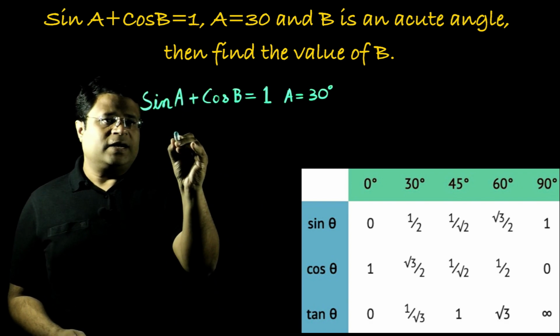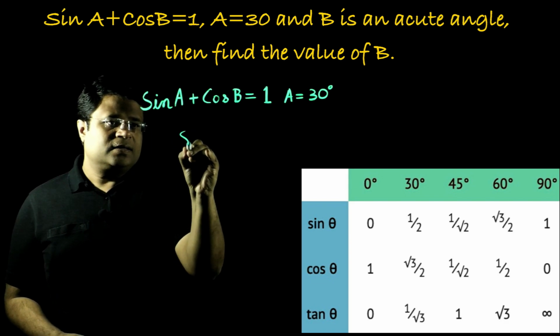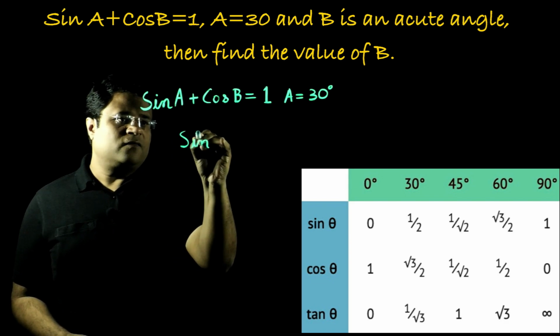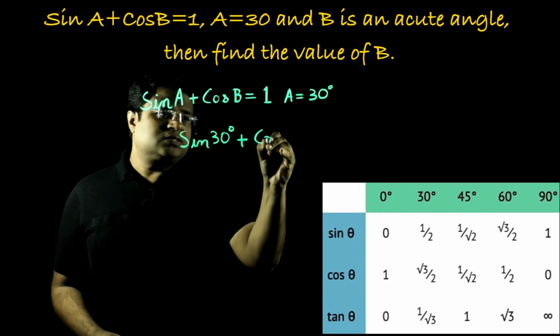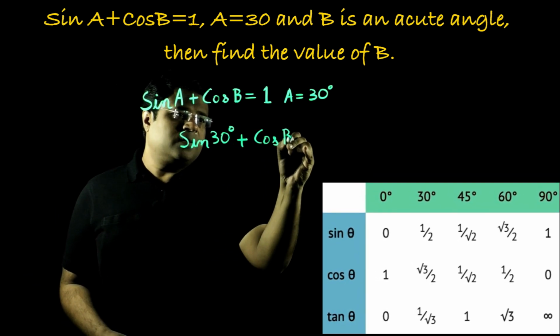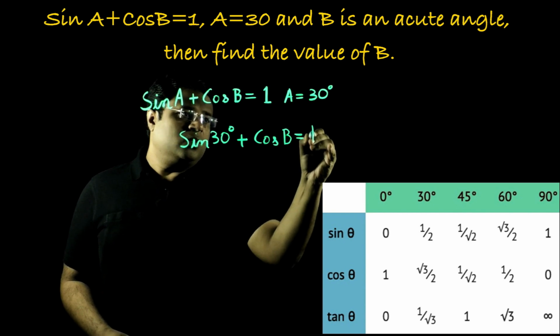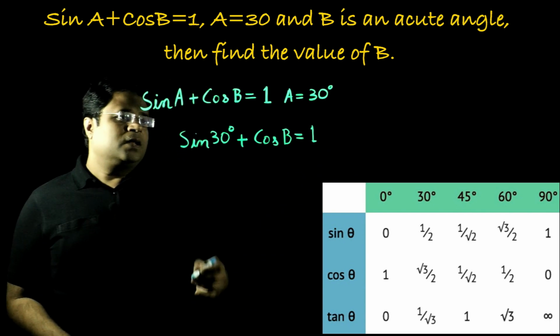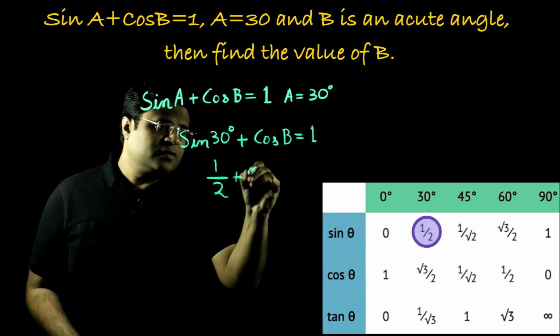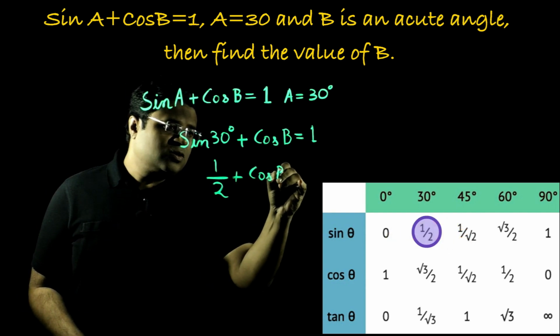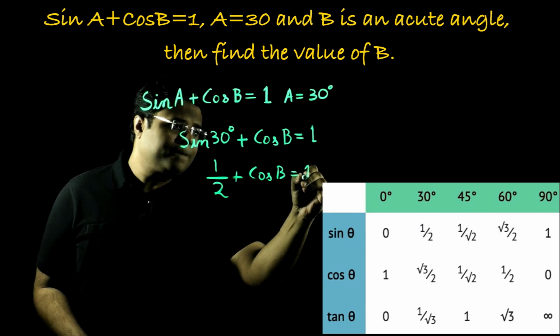Sine of A, so that means I'll just write here, sine of 30 degrees plus cos B equals 1. Now sine 30 degrees, you know sine 30 degrees is half, plus cos B is 1.